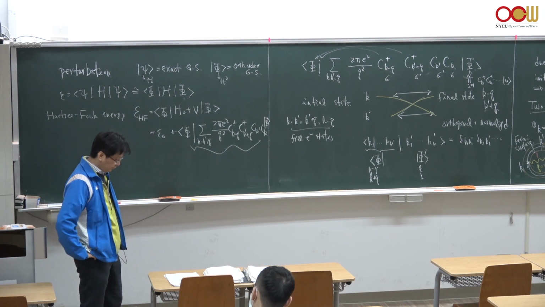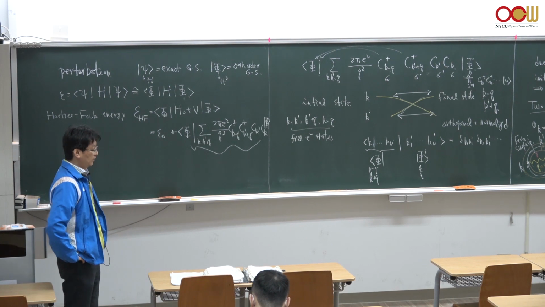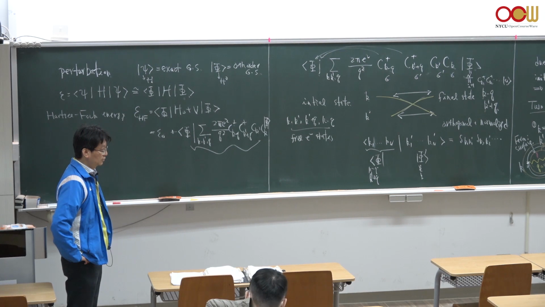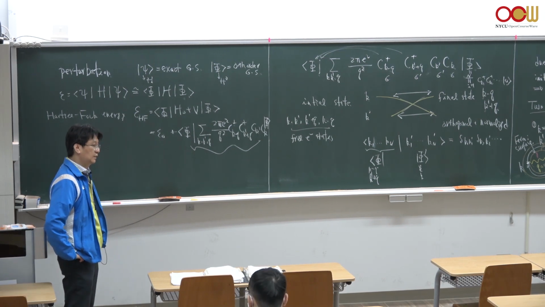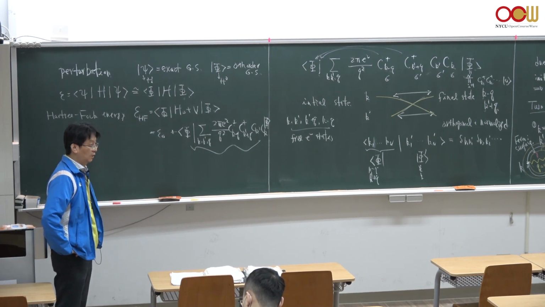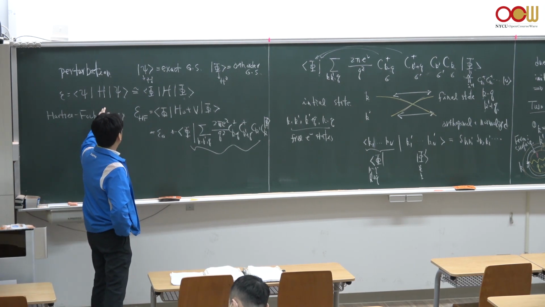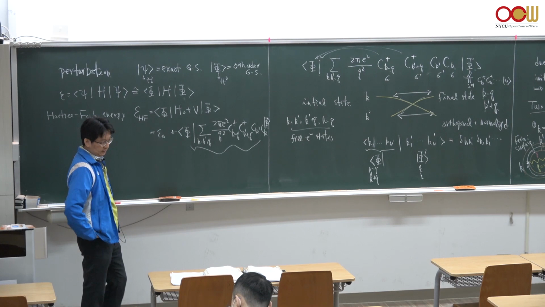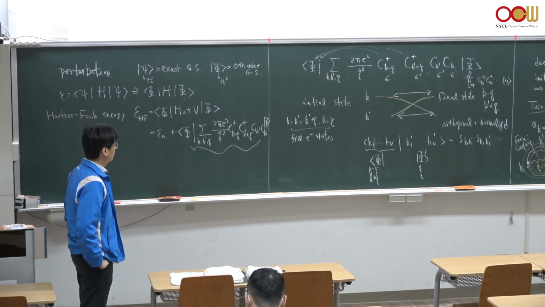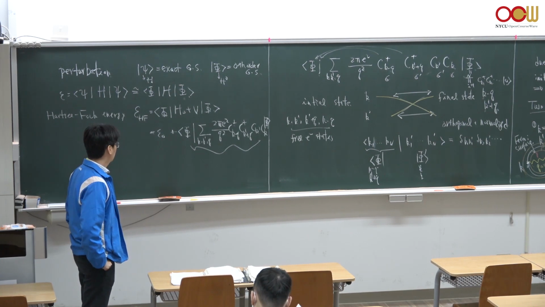Let me summarize. We Fourier transformed the Coulomb interaction energy, and we found the divergence near Q goes to 0. We know that this divergence is just the divergence of the long-range Coulomb energy in the thermodynamic limit, where you consider an infinite number of particles. Then we Fourier transformed the Coulomb interaction and also the kinetic energy, and took the Hartree-Fock approach, assuming the Sommerfeld free electron gas as the starting point unperturbed eigenstate.